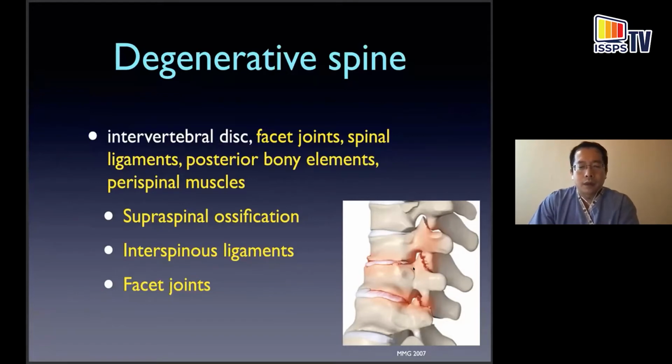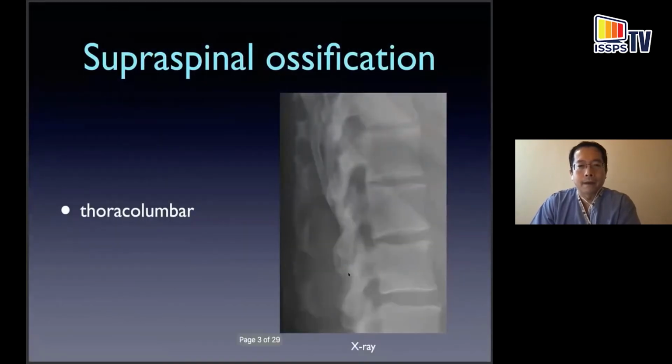There are a few distributions which we need to be careful about. These include supraspinal ossifications, interspinous ligament calcifications, and calcifications in the facet joints. So for example, let's look here at an X-ray of the thoracolumbar junction.